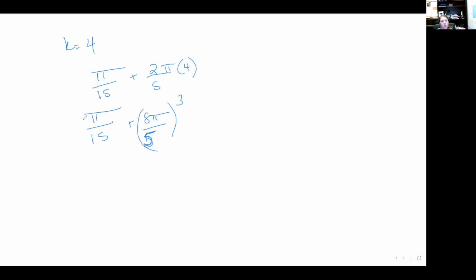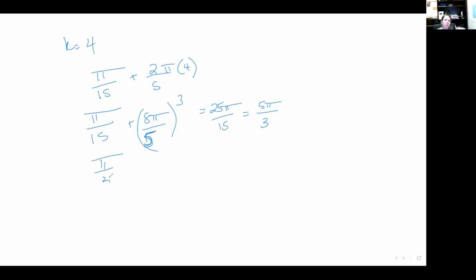So that's 24 plus 1, which is 25 pi over 15. 5 can go in that 5 times. That's going to reduce to 5 pi over 3.